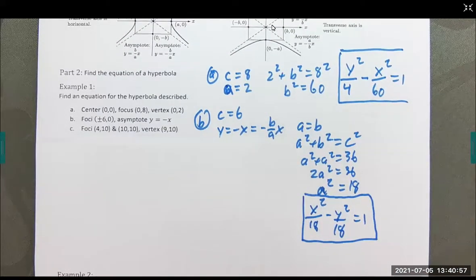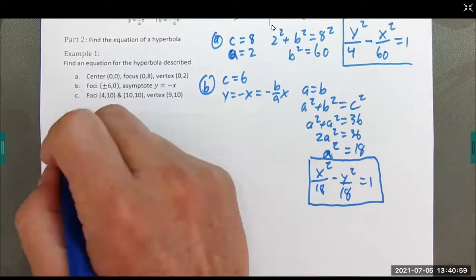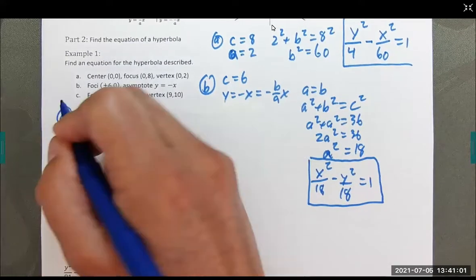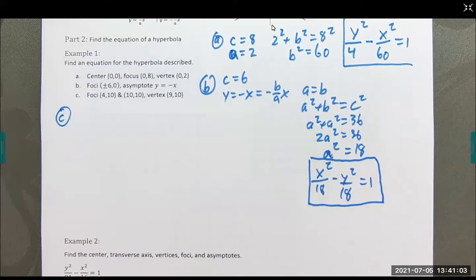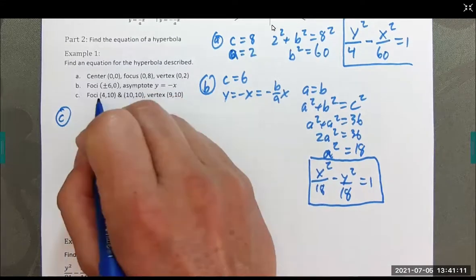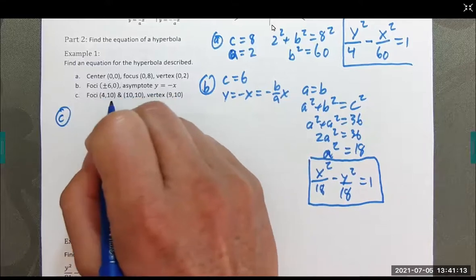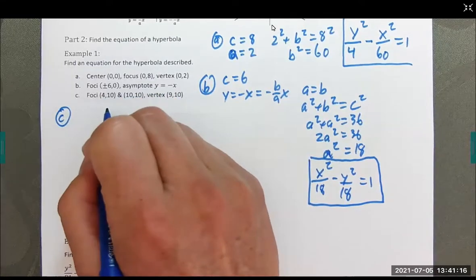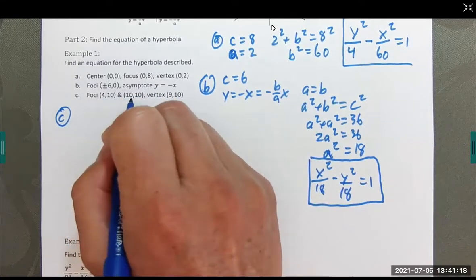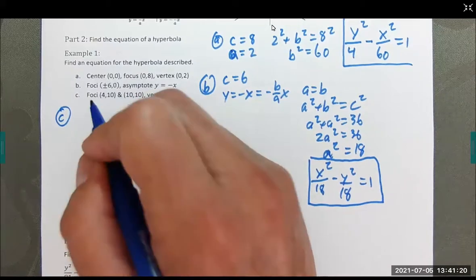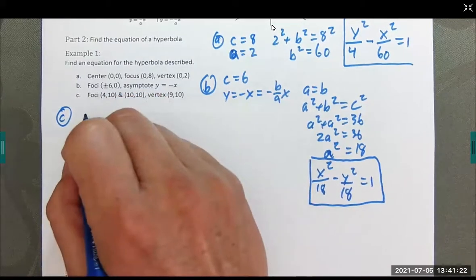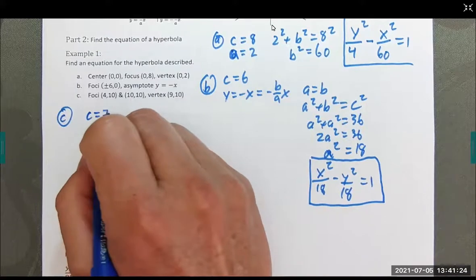And part C. So we have foci at 4 and 10. Now it looks like I'm going to take the average of these two to find our center. So 10 plus 4 is 14 divided by 2 is 7.